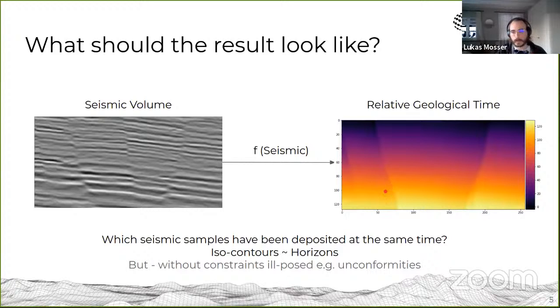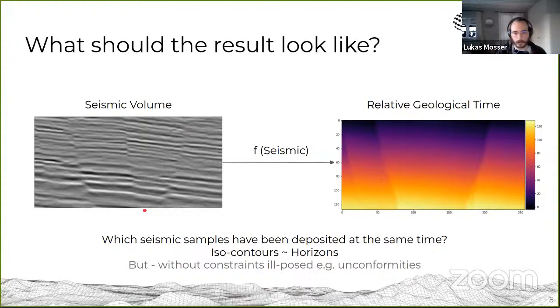Here you can see that if you were to take an iso-contour through this relative geological time attribute, then you would be following the horizons that belong together in a geologically consistent way.